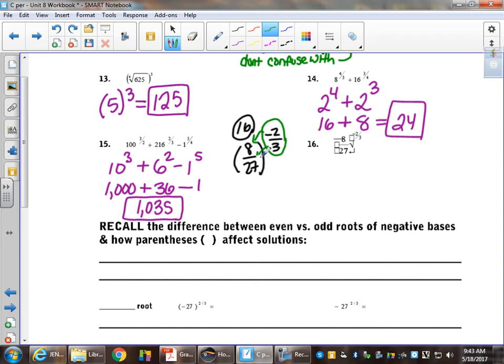Let's send in the power. So this is going to be 8 to the negative 2/3 divided by 27 to the negative 2/3. What next? We have negative exponents. So this has to go where? To the denominator, and this has to come to the numerator. So what am I going to have in the numerator?